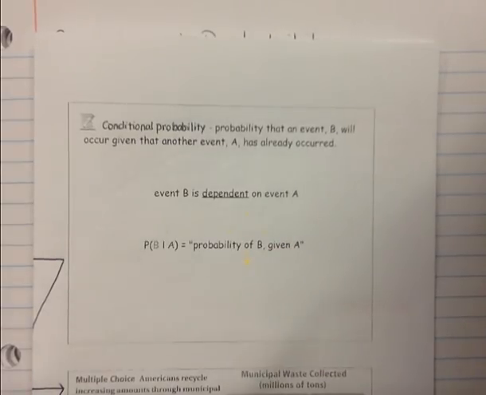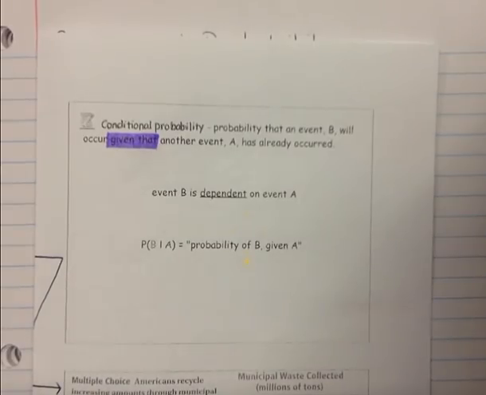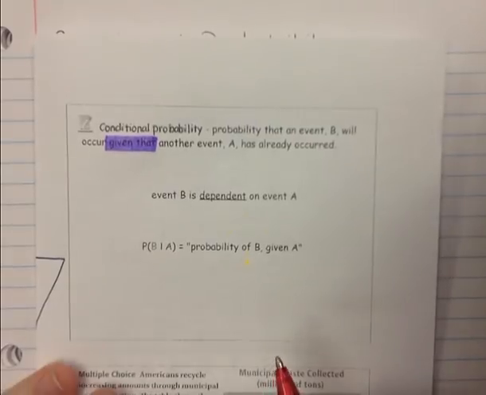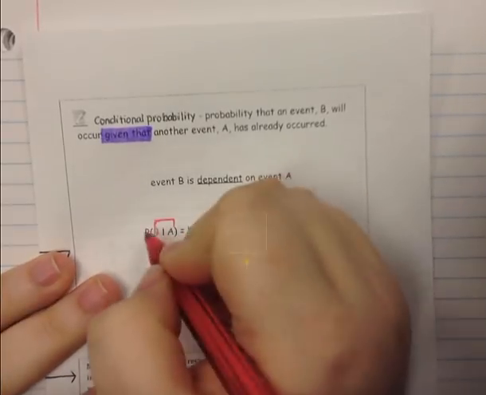So in order to do the probability of this, because it says given that, the order is really important. In order to figure out your fraction, the intersection of them together is your numerator.